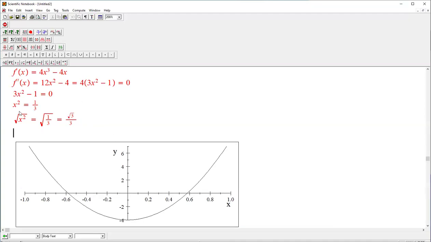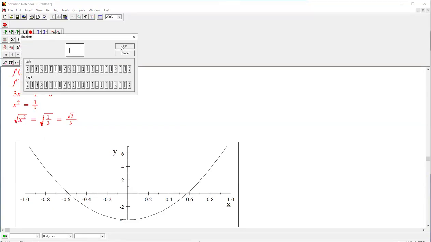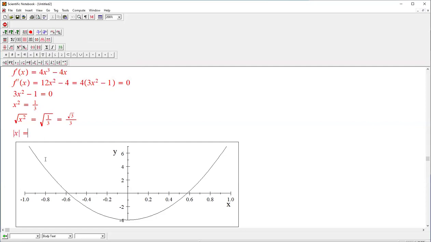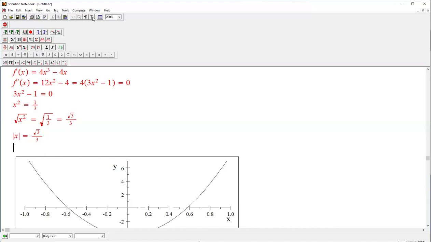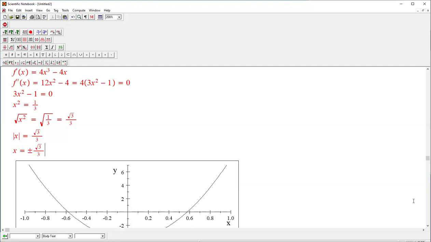Okay, and the next step: the square root of x squared is equal to the absolute value of x. The right-hand side still stays the same. And solving this absolute value equation, x equals plus or minus √3/3, right?